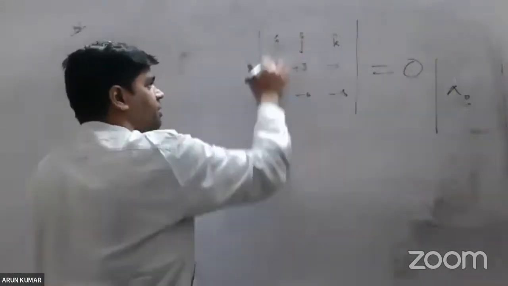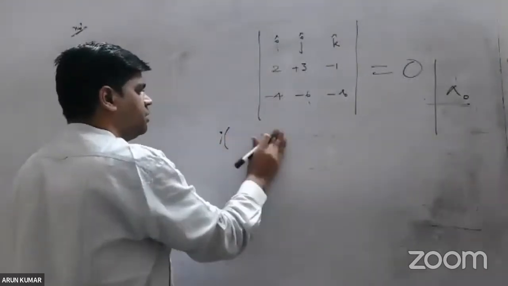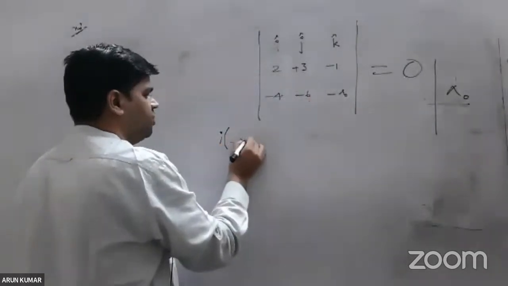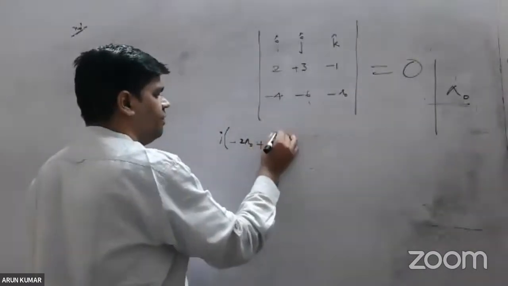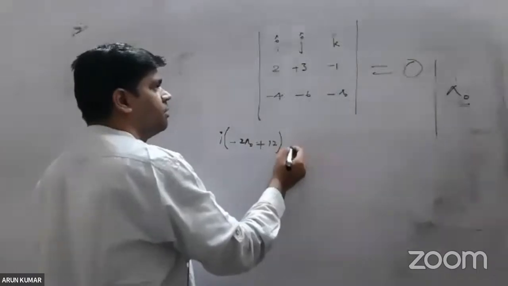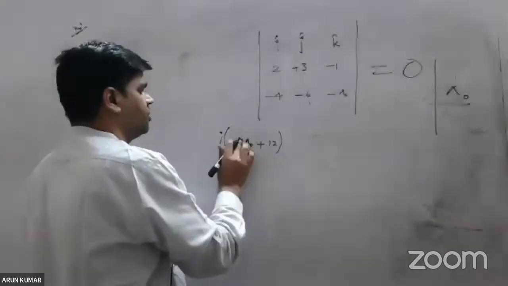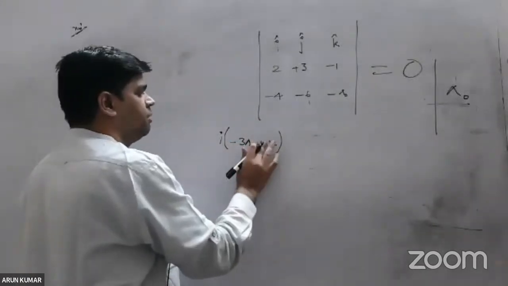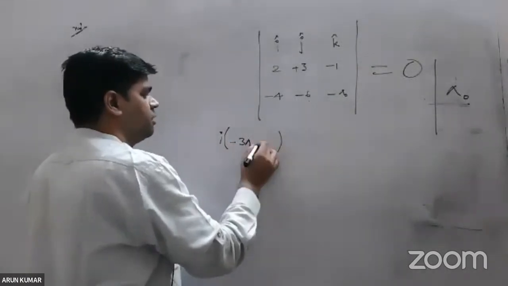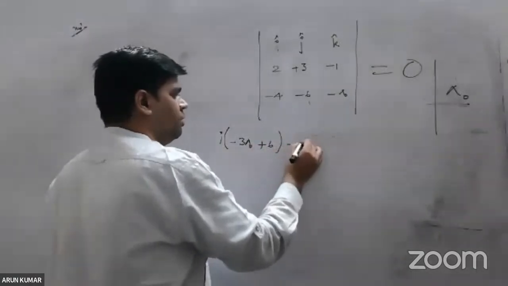These two become bound. i times 2 lambda minus 2 lambda plus 12. Sorry, 3 lambda. Thank you. Minus 3 lambda plus 6, right? Plus 6 minus j cap.